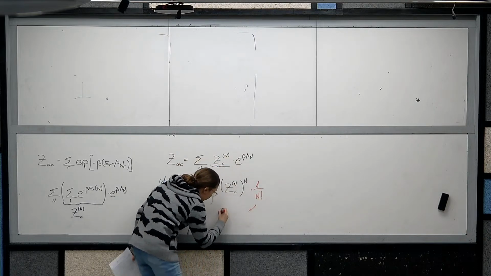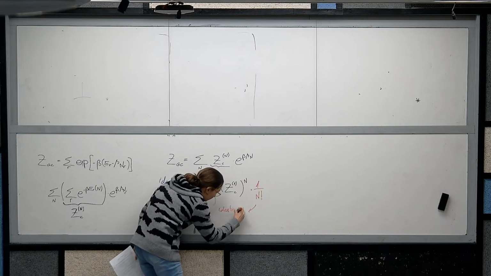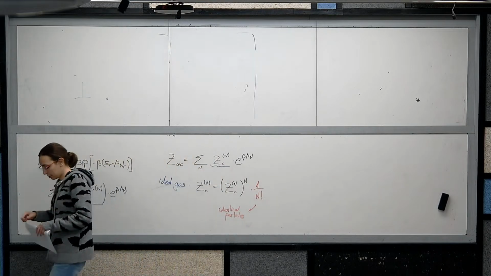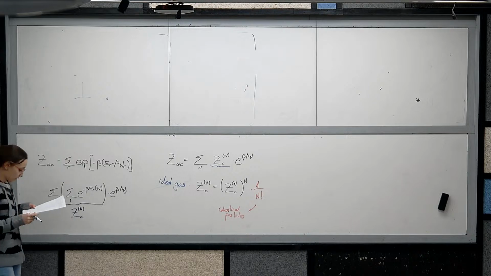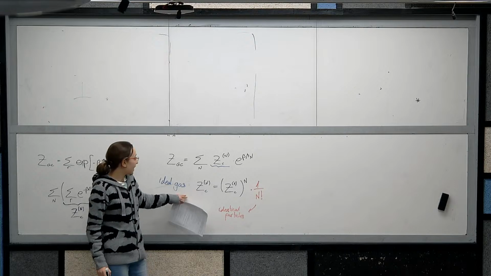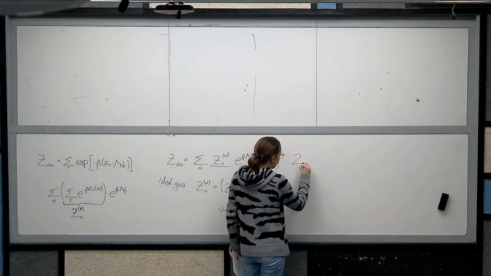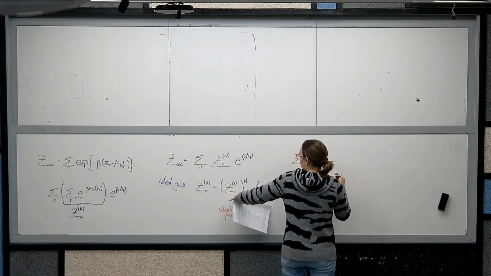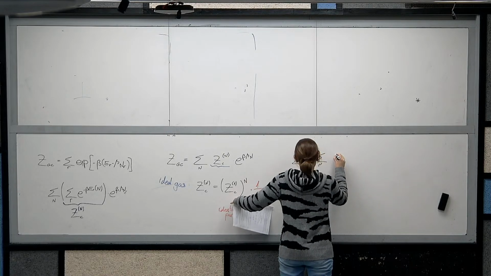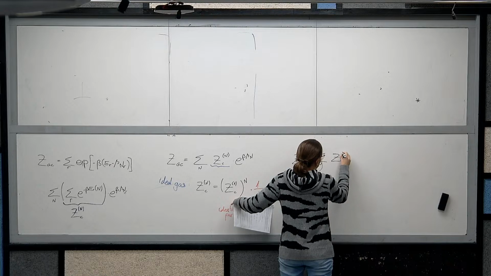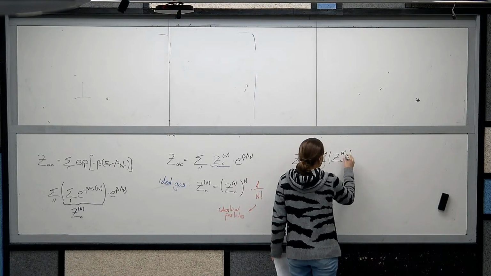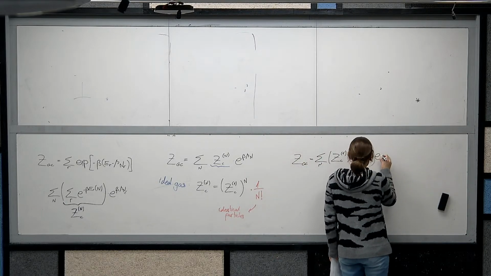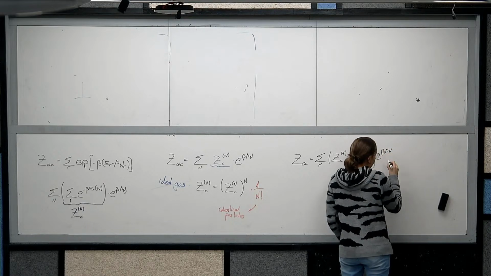This is for identical particles. So if we have an ideal gas, the grand canonical partition function becomes the summation over n of the subsystem partition function to the power of n, times 1 divided by n factorial, times the exponent e^(βμn).